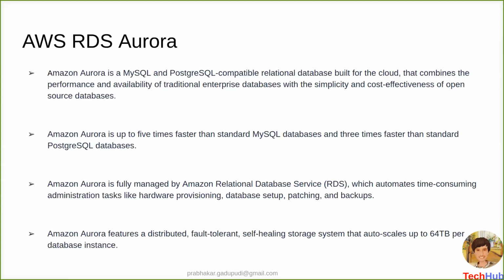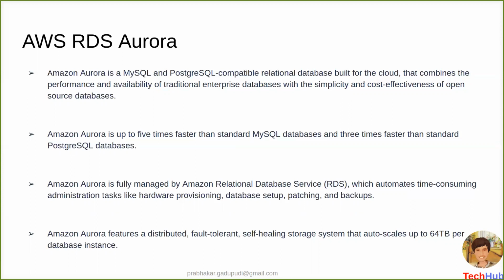Amazon Aurora is fully managed by Amazon Relational Database Service, which is RDS, and which automates time-consuming administration tasks such as hardware provisioning, database setup, patching, and backups.